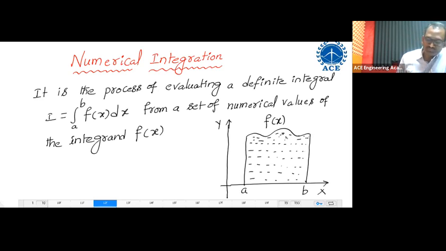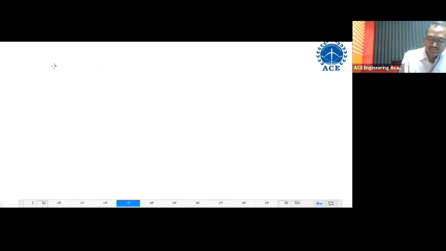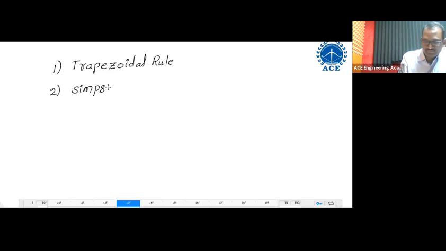Numerical integration problems can be evaluated using the trapezoidal rule and Simpson's rule. Everyone should remember Simpson's 1/3 rule is also called simply Simpson's rule.